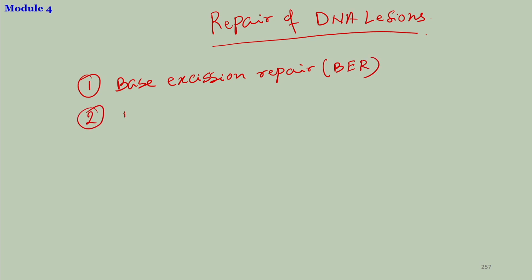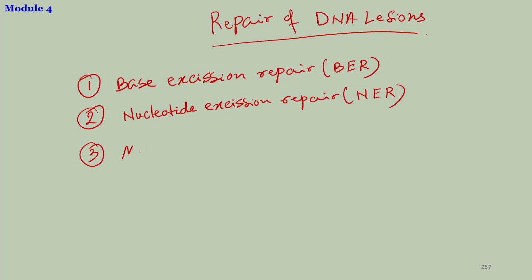Second one is nucleotide excision repair, that is your NER, and the third kind is mismatch repair, short form MMR.